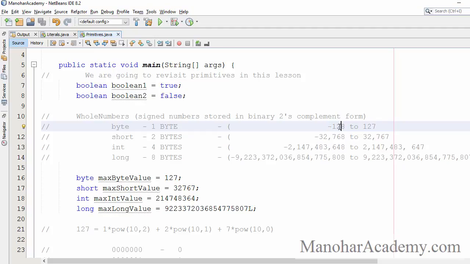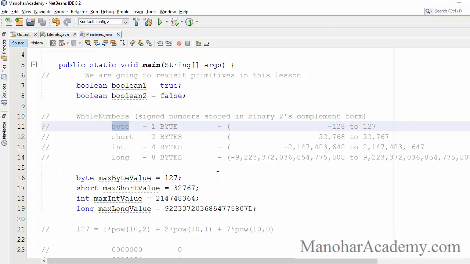So to save the data, actually we have only 7 bits. So we can save 2 to the power of 7 values. From minus 128 to 127, we have a total of 256 values because there is 0 in between.